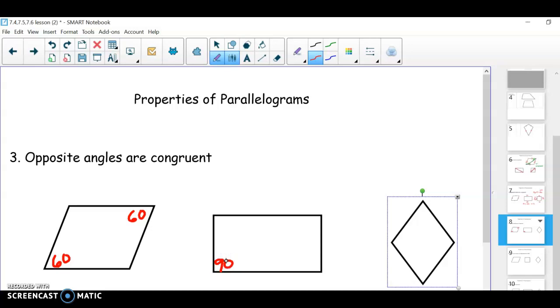So then obviously the angle opposite that would also be 90 over here. And same thing would hold true for the other corners of a rectangle. If that's 90, yep, the opposite angle is congruent, and that is also 90.